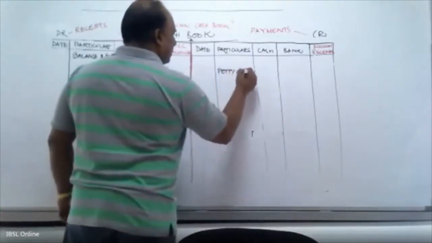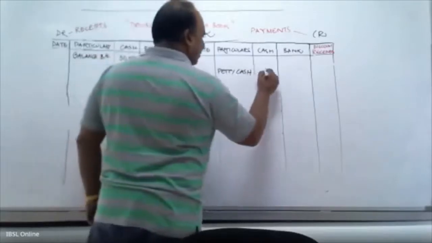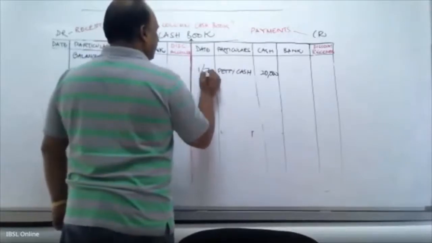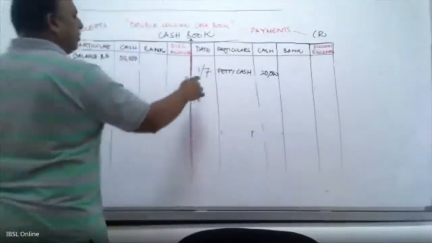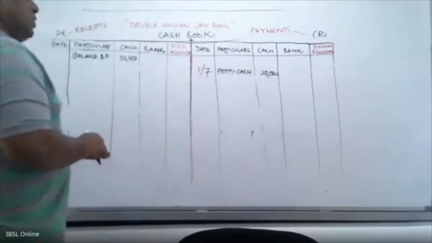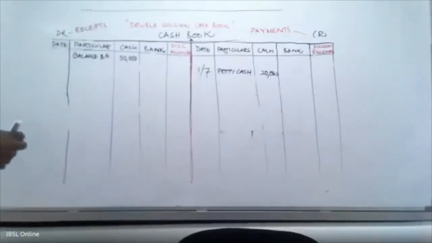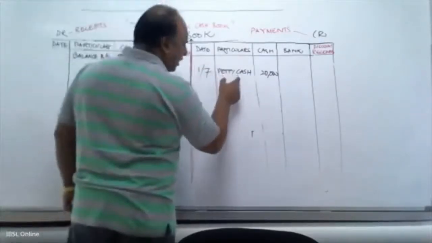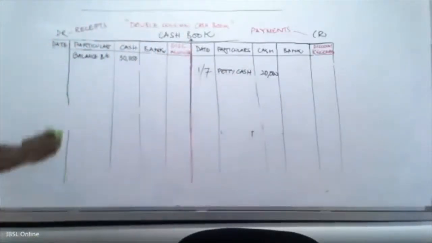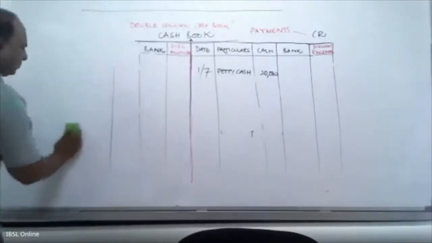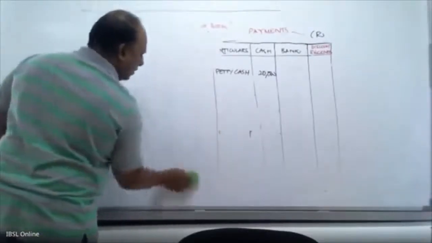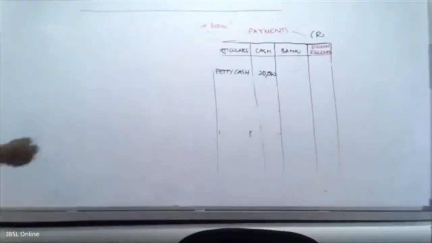So what happens? It goes out from the cash book, let's say on 1st of July. On 1st of July, you are going to give the petty cash officer 20,000 rupees. And now this petty cash officer will start his account with 20,000 rupees. In simple terms, what have you done?